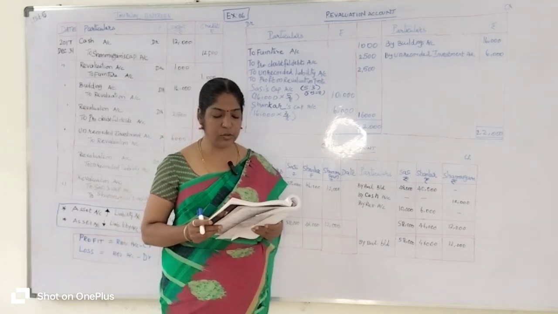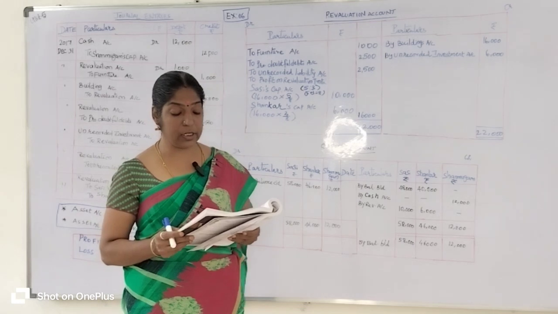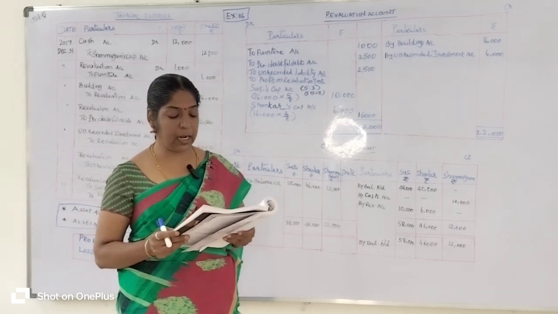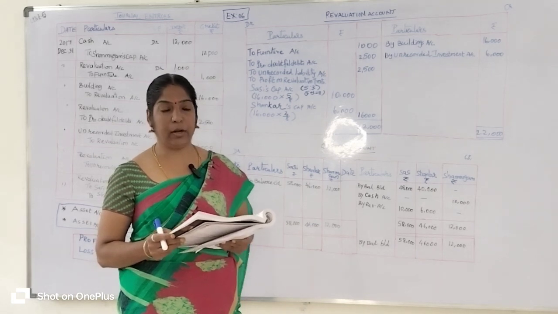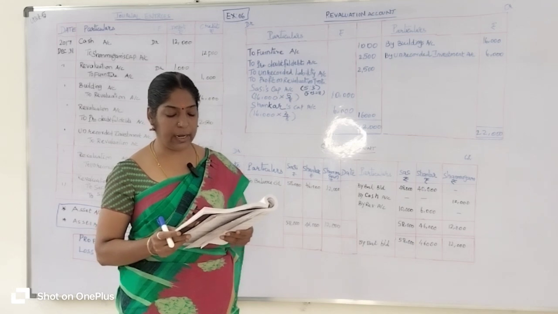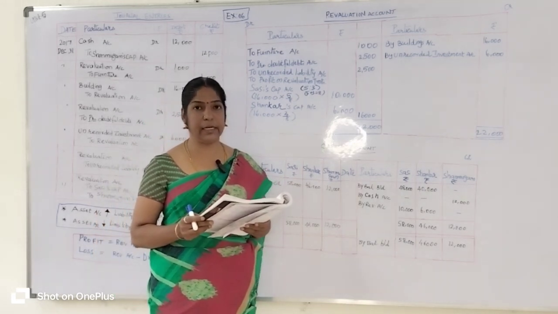Provision for doubtful debts is to be increased to 5,500 rupees, and unrecorded investment of 6,000 rupees is to be brought into the account. And unrecorded liability of 2,500 rupees has to be recorded now. Pass journal entries and prepare revaluation account and capital accounts of the partners after admission.